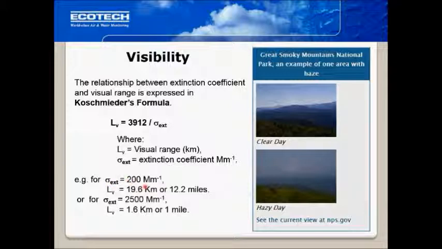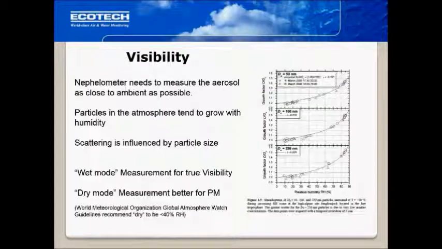As an example, when you're measuring 200 inverse megameters extinction or scattering, then you have about a visibility of 19.6 kilometers or 12.2 miles. If you have 2,500 inverse megameters, then you'd be roughly at a mile visibility. So that's how you can basically define the visibility measurement.